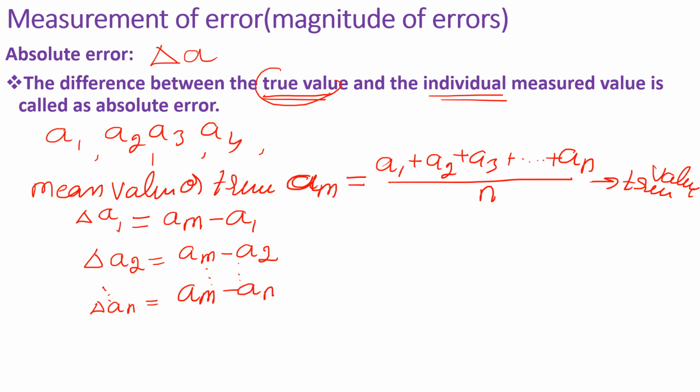All these, delta A1, delta A2, delta A3, are called the absolute errors.